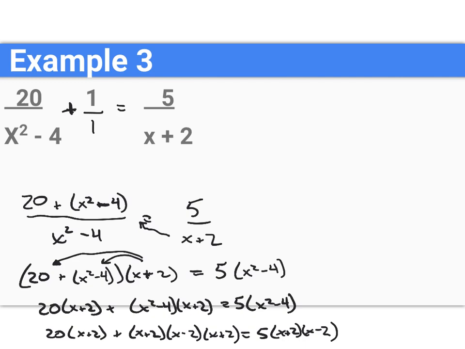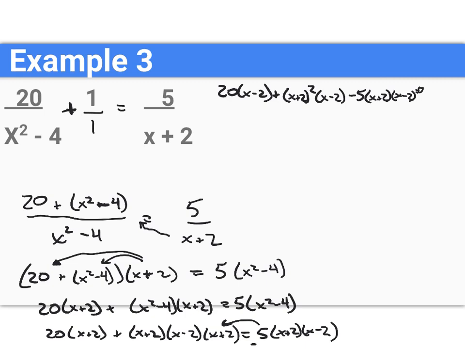That looks like a lot, so I'm going to subtract this whole term and move it over to the left side. Now we get 20 times x plus 2 plus x plus 2 squared times x minus 2, subtract 5 times x plus 2 times x minus 2, all equal to 0.